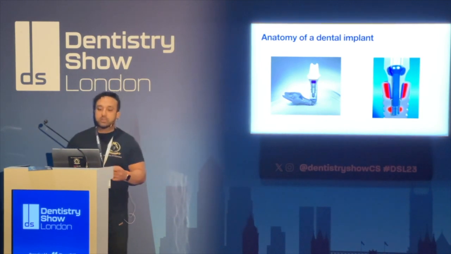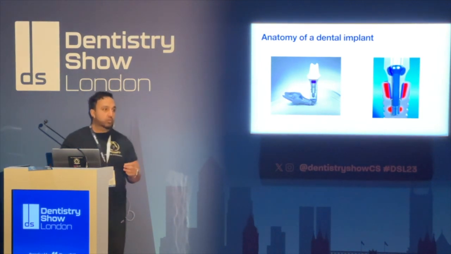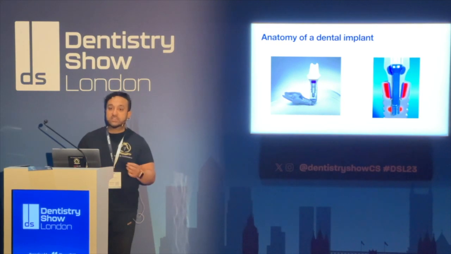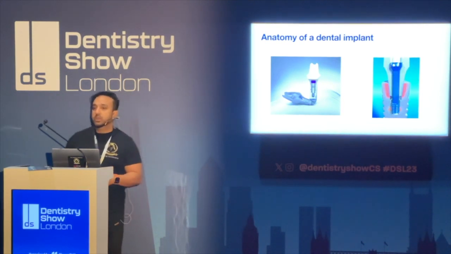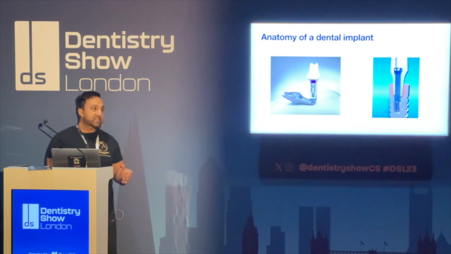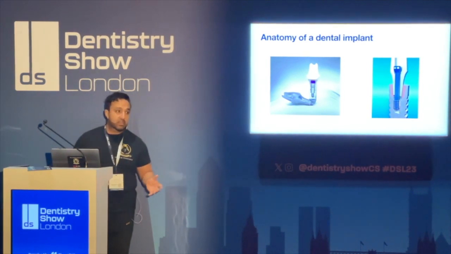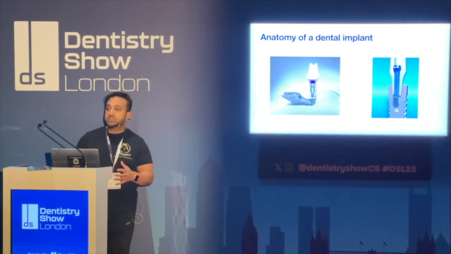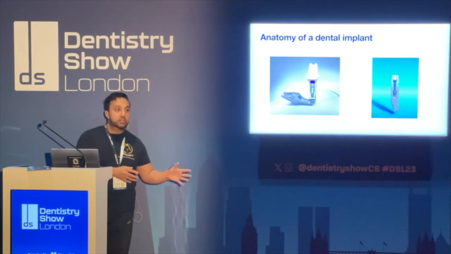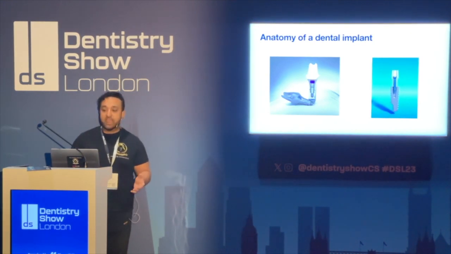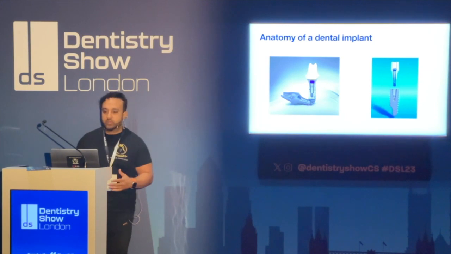And I'm going to go through the basic similarities between all the companies, because you might not know the company that a particular patient's implant came from, if they don't know. So often when patients have implants placed abroad, they don't know the implant system that they've had, and you've got to work backwards with them.